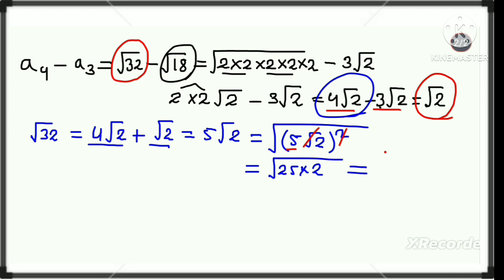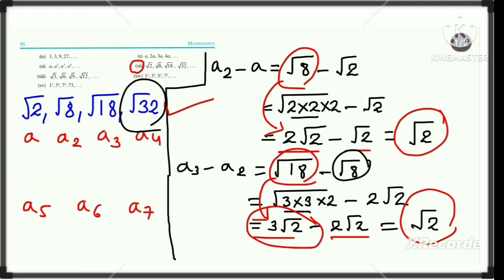Now finally we obtain 25 into 2, 50, root over 50. This is the 5th term. So let's write over here, our 5th term is root over 50.